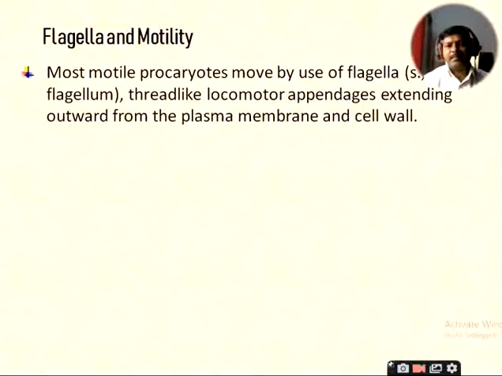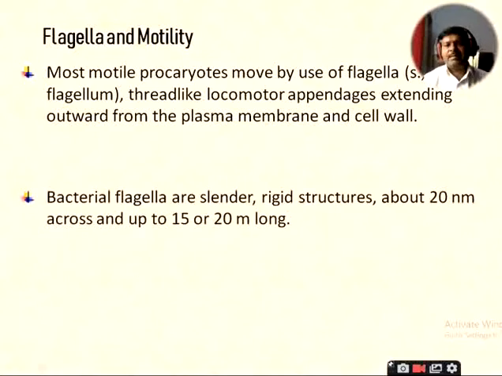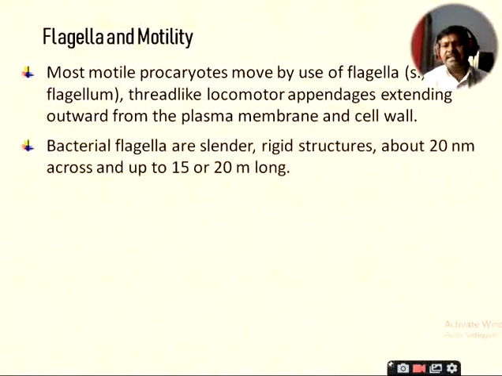That means these are hair-like appendages present on the cell wall that help in locomotion of the bacterial cell. Bacterial flagella are rigid cylindrical structures about 20 nanometers across and up to 20 micrometers long.